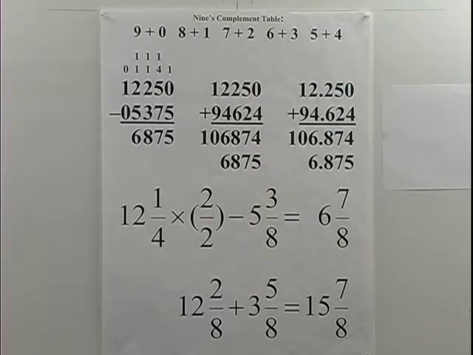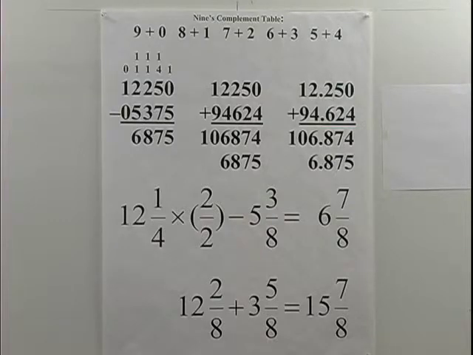I'm going to add 3 to that 5, I get an 8. And then I'm going to add a fraction to make this 8 over 8. So I need a 5/8. 5 added to that 3 gives me 8 over 8. And so my number down here will be 8 8/8, which is another way of writing 9. So this is the 9's complement of this subtrahend.